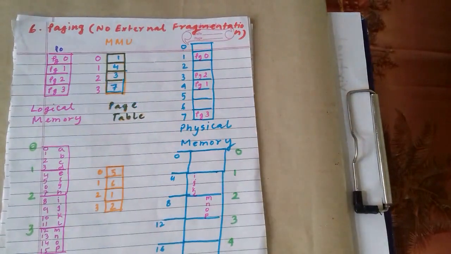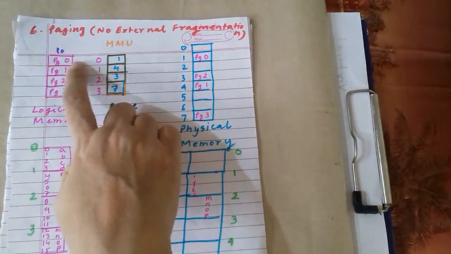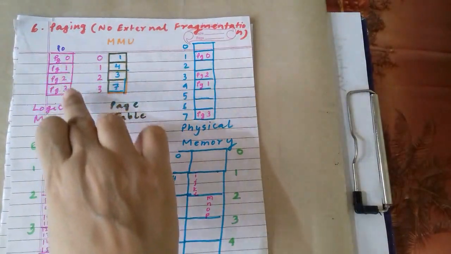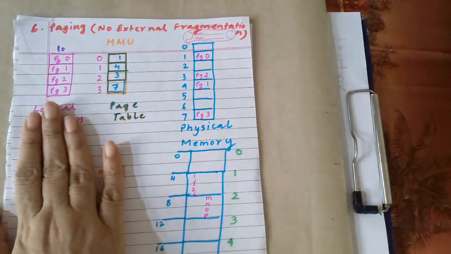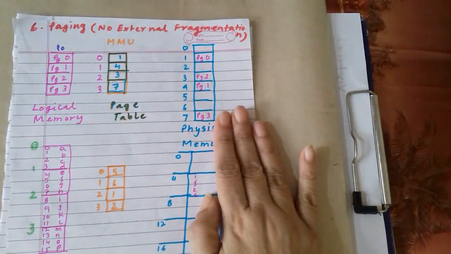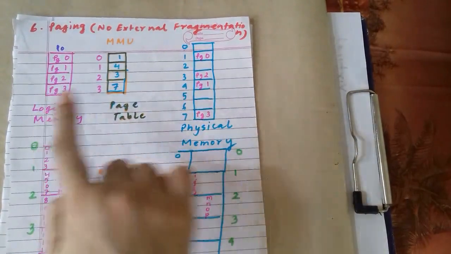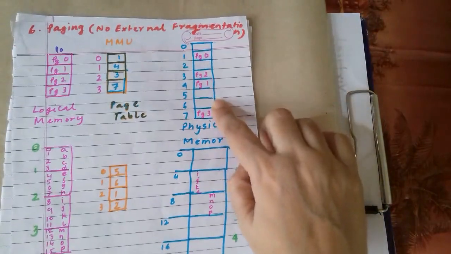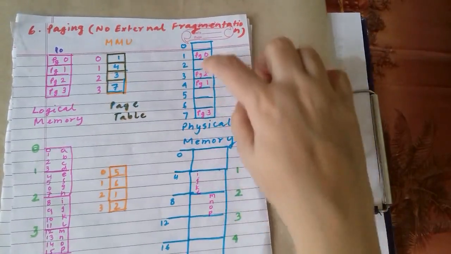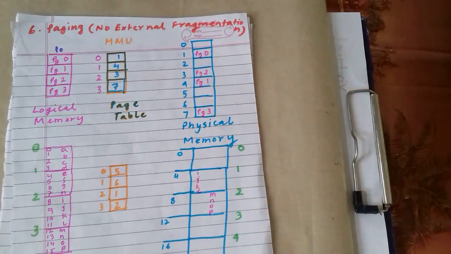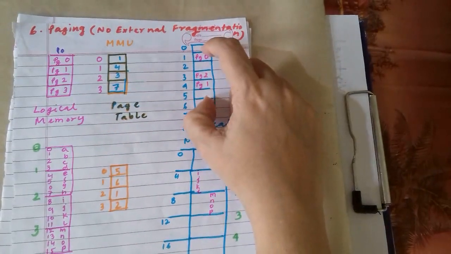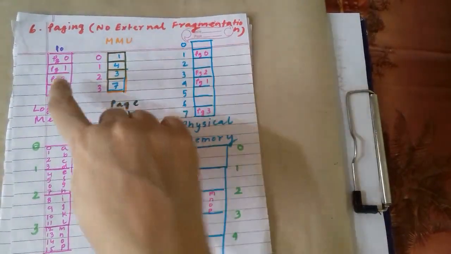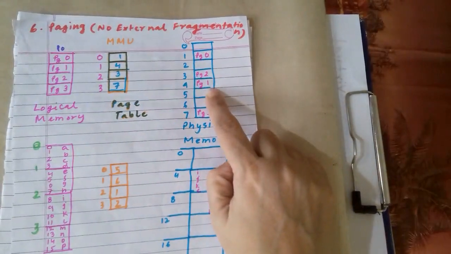In non-contiguous allocation, the process is broken into pieces: page-wise in virtual memory and frame-wise in main memory. One page is copied to one frame, but all the pages will not be continuously present in the frames of main memory. There may be some gaps according to the free space available. So if page 0 is kept in frame 1, page 1 may be kept in frame 4, like that.